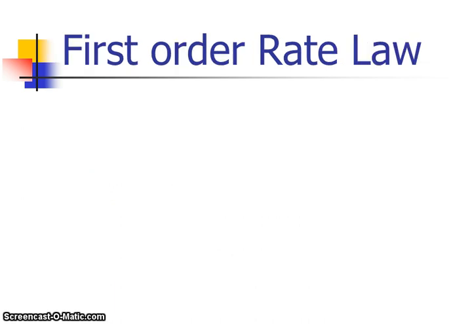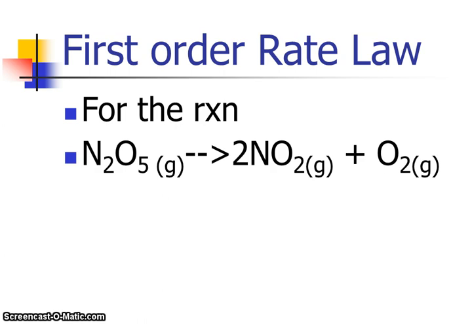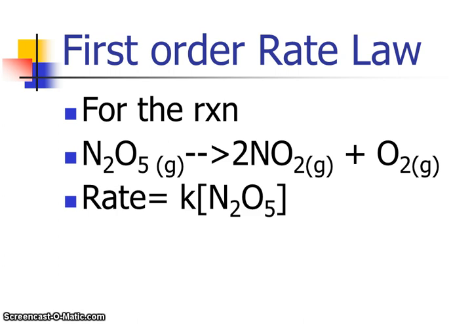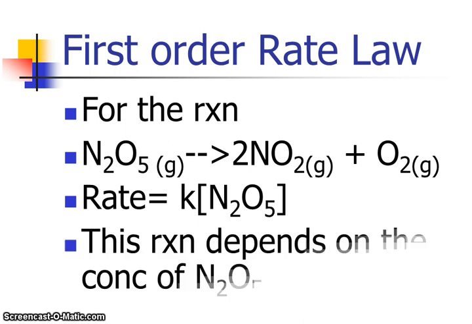So if we're told that a reaction is first order, and we look at this as a specific example, we've got dinitrogen pentoxide decomposing, and we would write our rate expression as rate equals k times the concentration of dinitrogen pentoxide to the first power, which again, we don't have to write that 1, it's assumed.